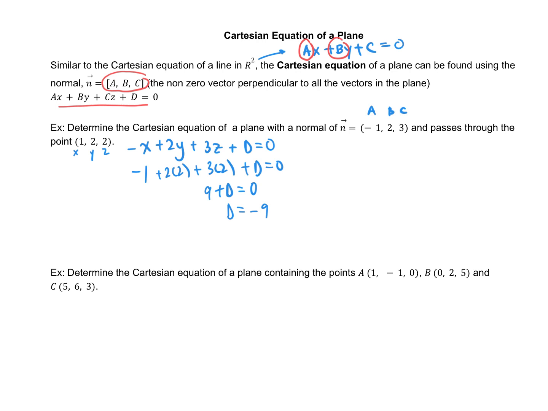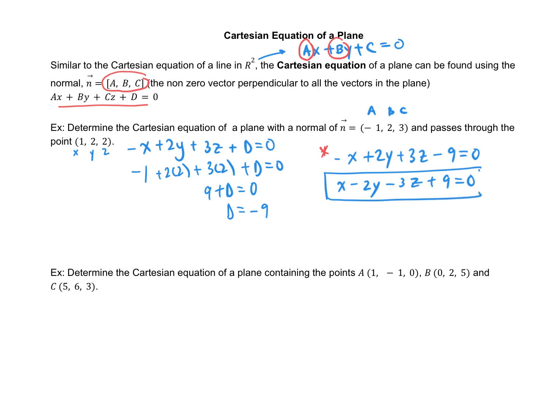So that our Cartesian equation is -x plus 2y plus 3z minus 9 equals 0. Now, having this negative coefficient for x isn't great, so I'm just going to multiply everything by -1, and that will just change all of my signs. There's my Cartesian equation of a plane.